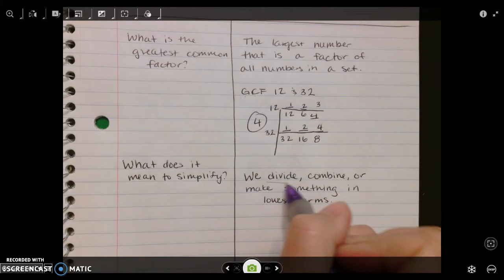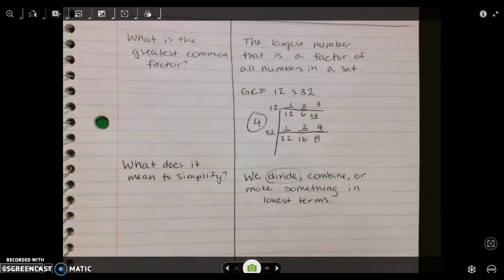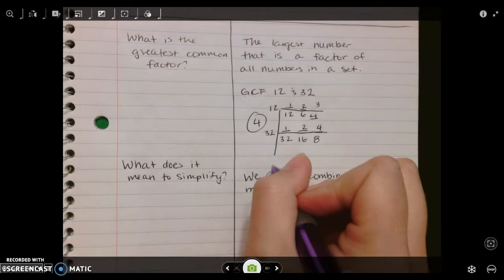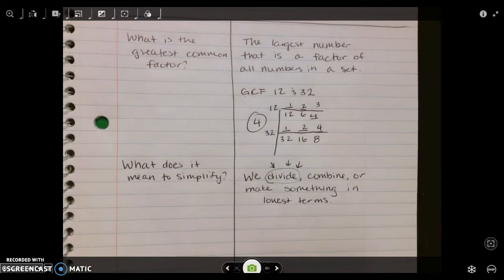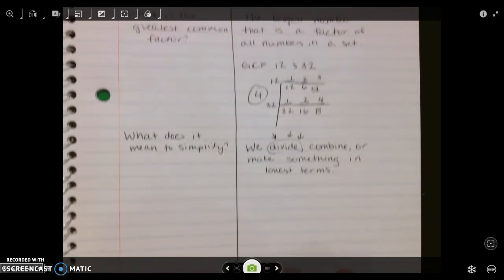Now, what we do a lot with fractions is we do a lot of dividing when it comes to simplifying. So we need to remind ourselves that we're literally only dividing when it comes to simplifying fractions.